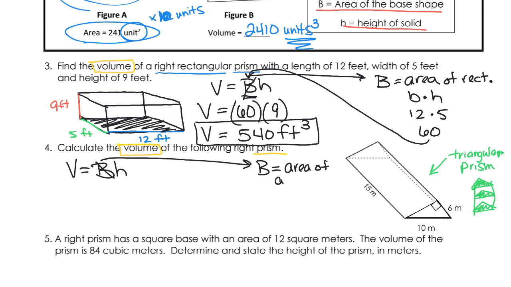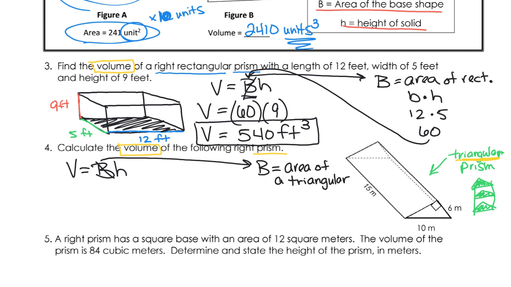In this picture, it's a little deceiving. But if it's called a triangular prism, prisms are named by their base shape, and so the triangular prism's base shape is a triangle. So our big B is the area of a triangle.